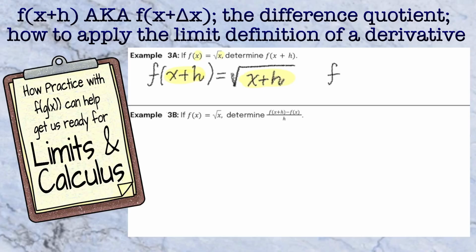So just to reiterate, f of x plus h is equal to the square root of x plus h. To use my color coding system, radical x plus h is the f of x plus h. Now the f of x, which we also need, is over here, right? f of x is equal to square root of x.